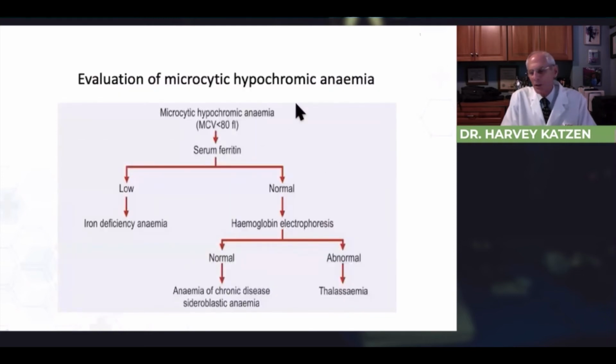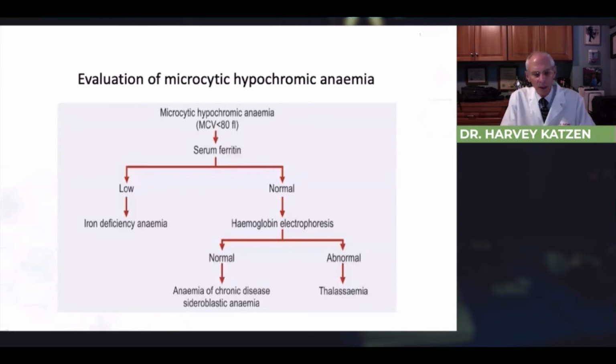So with the microcytic hypochromic anemia, we think of iron deficiency. And if you do a ferritin level, which is a storage of iron detection, and it's low, a patient is iron deficient, and people can be iron deficient because of bleeding, blood loss, be it acute or chronic, usually more chronic.